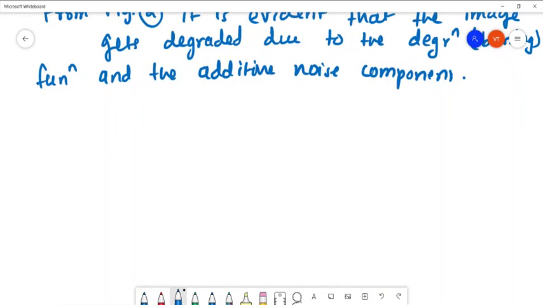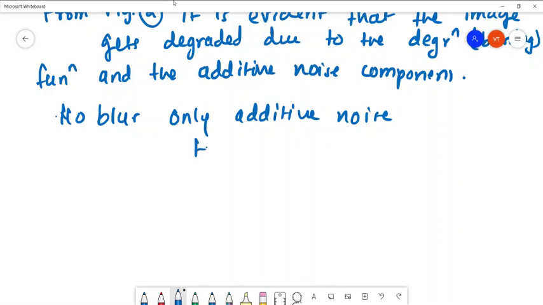We will see the effect of these two separately. So suppose, for example, first, no blur and only additive noise.